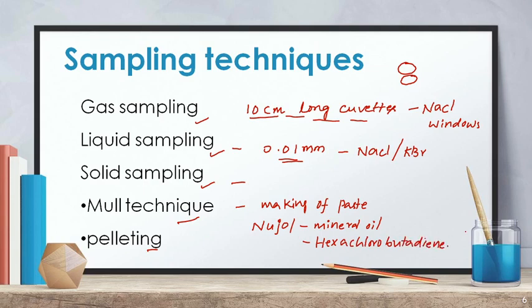The name of Nujol is hexachlorobutadiene. It is a mineral oil, that means it is present in the form of oil.